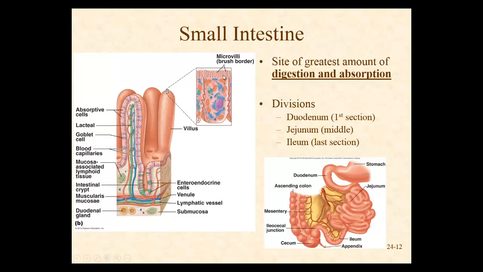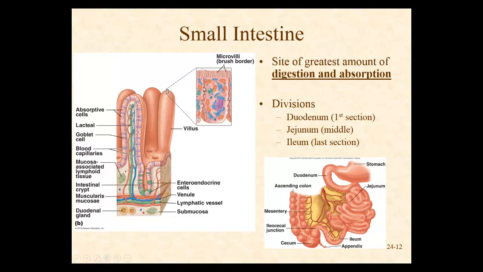So if we look at the wall of the small intestine, we're going to see these finger-like extensions called villi that are lined with tiny cells, simple columnar epithelium, and the plasma membrane of a simple columnar cell also has tiny finger-like extensions where the plasma membrane moves upward a little bit, all to increase surface area.